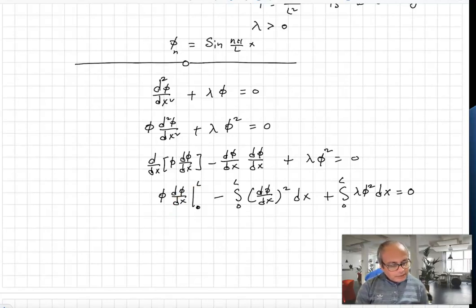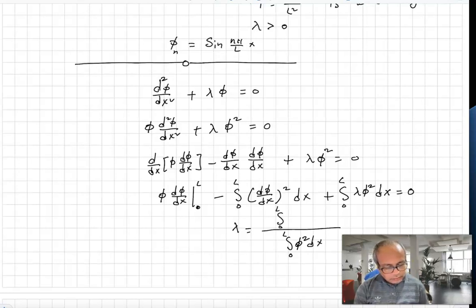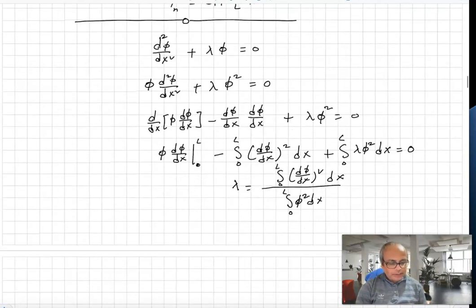From the last two terms, you can see that lambda is constant in the last integral and can be taken out, so lambda equals the ratio of two integrals. Definitely it cannot be 0 and cannot be negative, because it is a definite integral of positive quantities: a squared term in the numerator and in the denominator, so it is greater than 0.